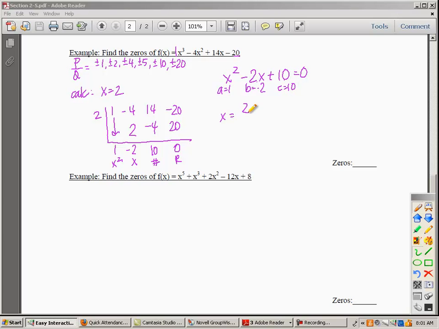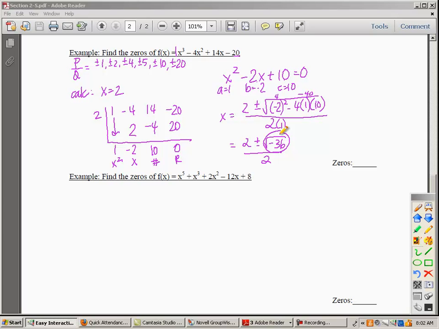All right, here we go. 2 plus or minus the square root of -2 squared minus 4 times 1 times 10, all over 2 times 1. 2 plus or minus, you end up getting 4 and -40 makes the square root of -36, all over 2. And we want to break this one down before we do anything.